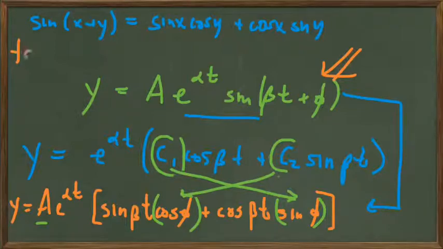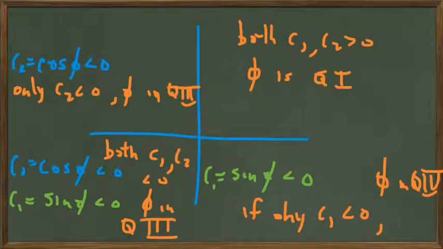One other thing we should note here is that tangent phi is C1 over C2, because C1 corresponds to sine phi and C2 corresponds to cosine phi. And so we have to follow this chart in determining what quadrant the angle phi resides in.